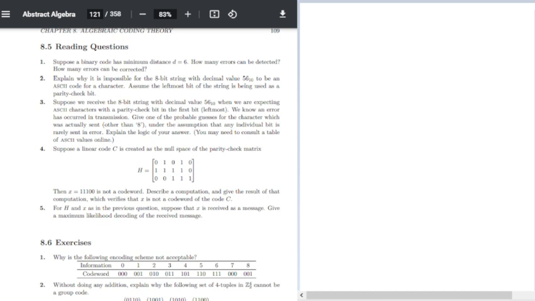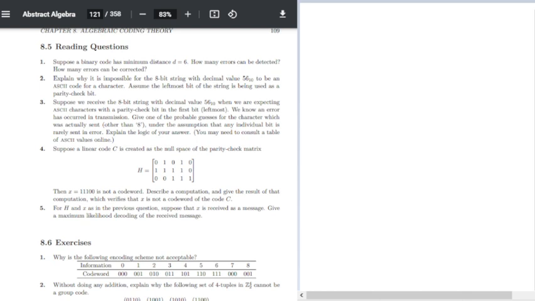Google, help me. So yeah, it'd be 0, 1, 1, 1, 0, 0, 0. So it'd be a number that has an odd parity. And as such, it would be impossible for it to be an ASCII code.